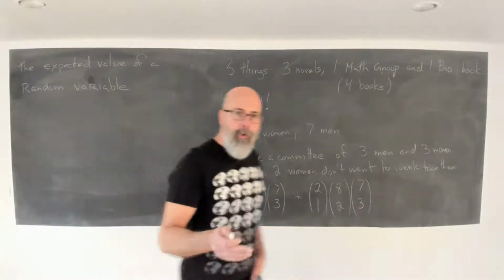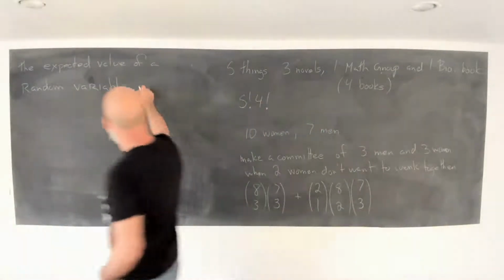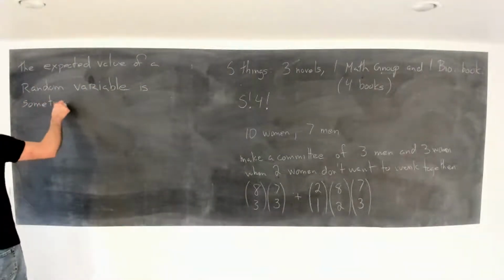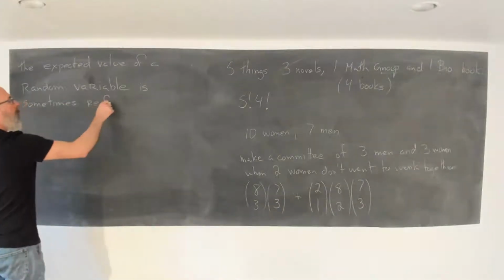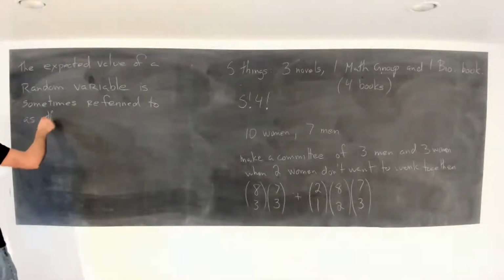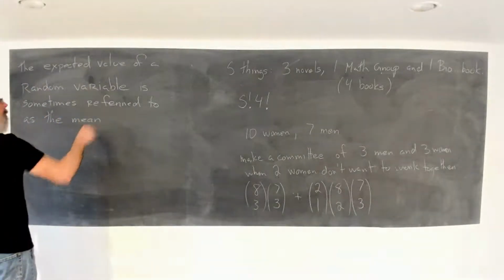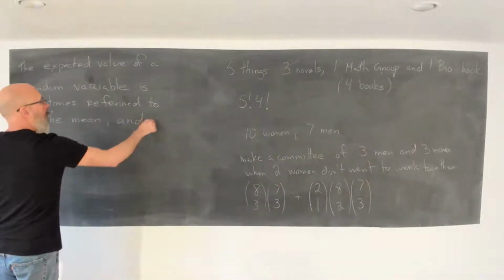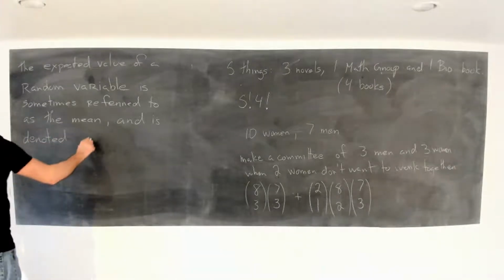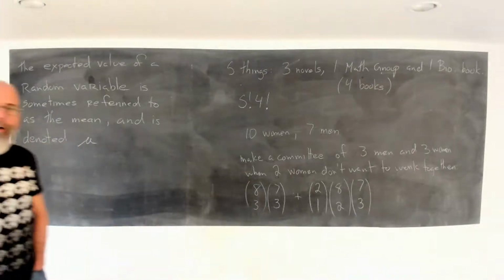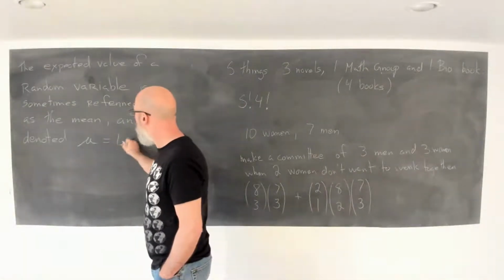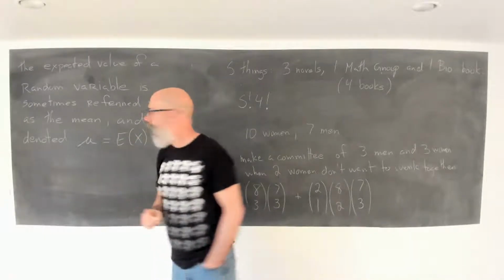It is sometimes referred to as the mean, and is denoted by the Greek letter mu. Mu, the mean, is the expected value of the random variable.